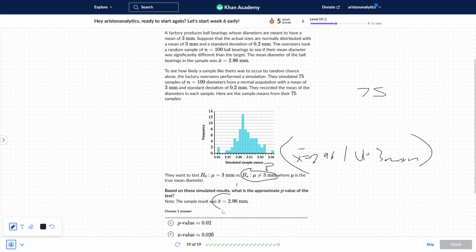Our sample result was 2.96, and our null hypothesis is that it's 3 mm. So the difference between the observed statistic and the hypothesized parameter is 0.04.